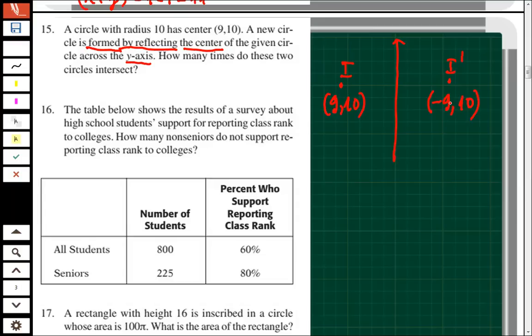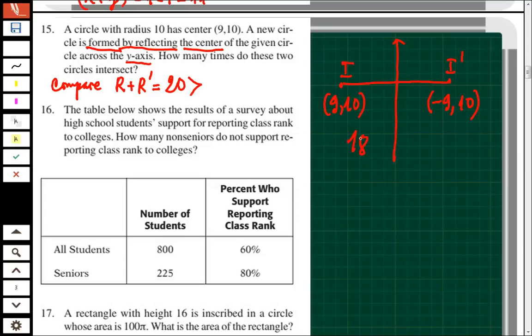And the question here is how many times do these two circles intersect? We just need to compare the sum of the two radii and the distance between the two centers. Here we have r plus r equals 20, which is greater than the length of the edge connecting the two centers.